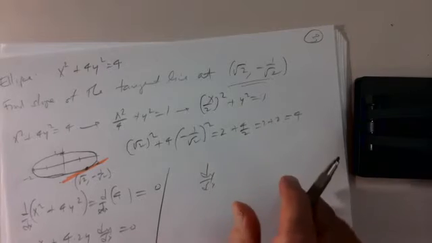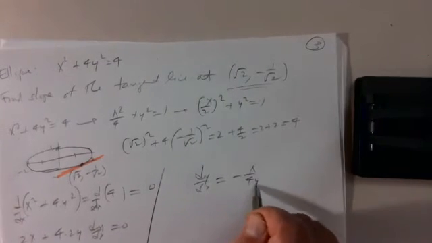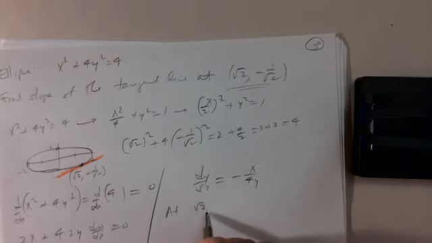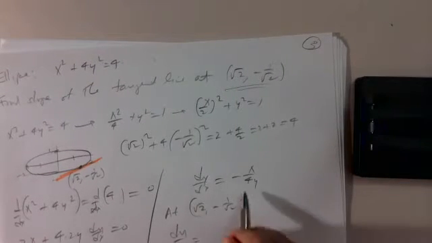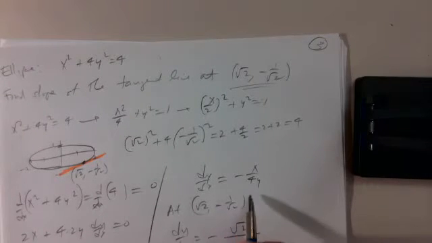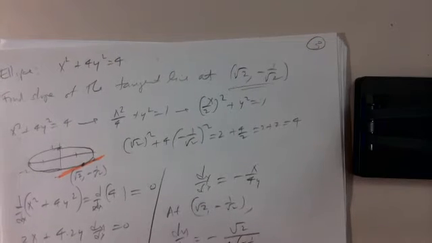So dy/dx is minus x over 4y. And at this point, (root 2, -1 over root 2), dy/dx is minus x over 4 times -1 over root 2.